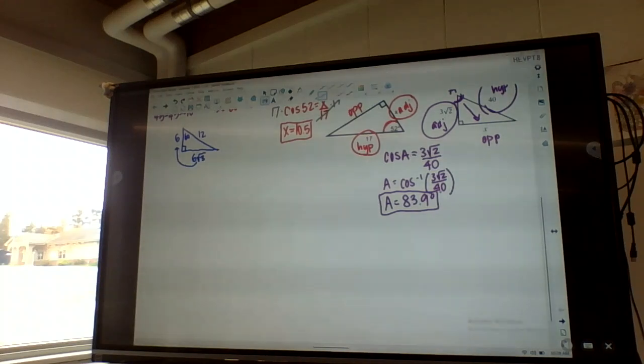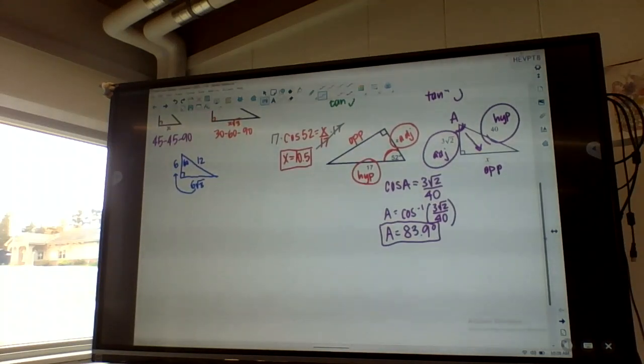And again, if you're not getting that, we can talk about what's going on in your calculator. That's totally a calculator thing, but you have to know how to use it. And then finally, we can find the x value by doing Pythagorean theorem. Or I guess you could also use sine if you wanted to. But I did want to show you guys we could do Pythagorean theorem here.